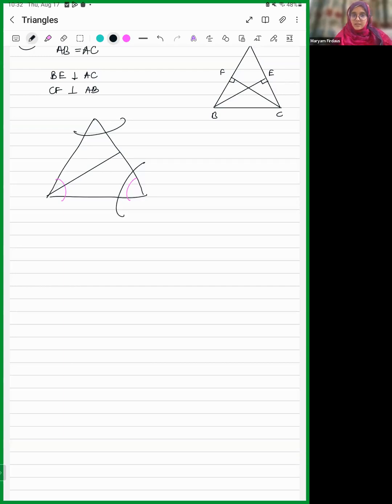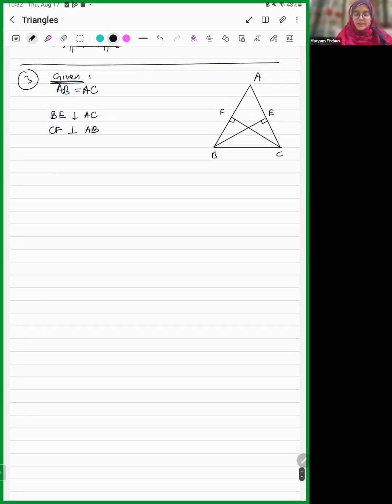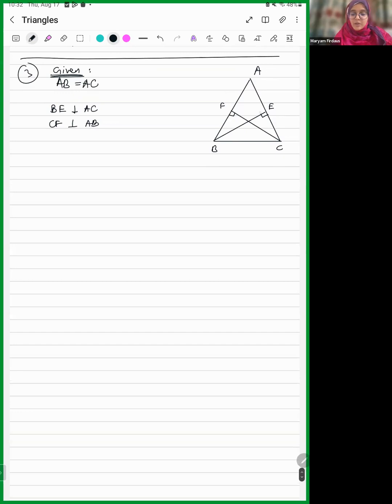So in this question, even though our triangle is isosceles, is this altitude a median or not? No, it's not a median because this angle is not equal to this angle. Good.